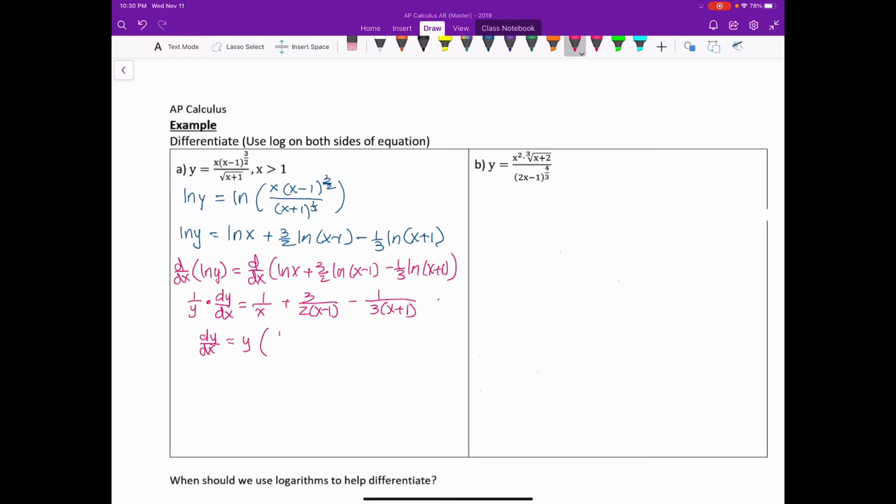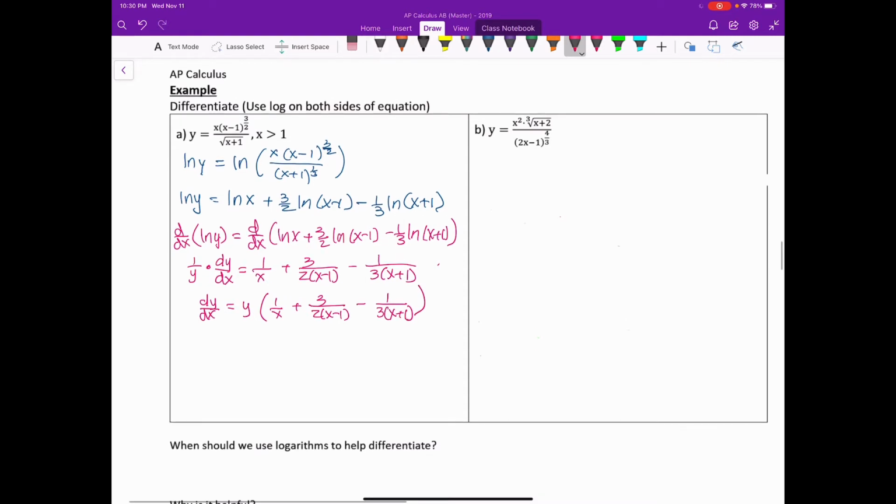So that's going to give me y times 1 over x plus 3/2 x minus 1 minus 1/3 times x plus 1, like that.